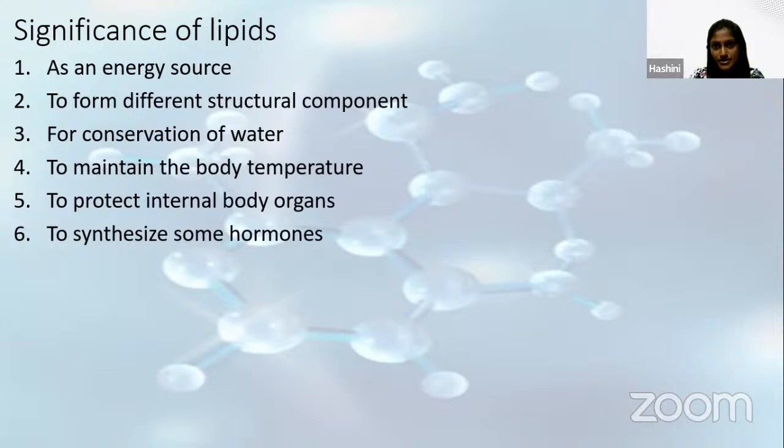Because of this structure, it can absorb various shocks, acting as a shock absorber, this lipid layer, right? Therefore, against external pressures, they can protect the very important internal body organs. That is important.